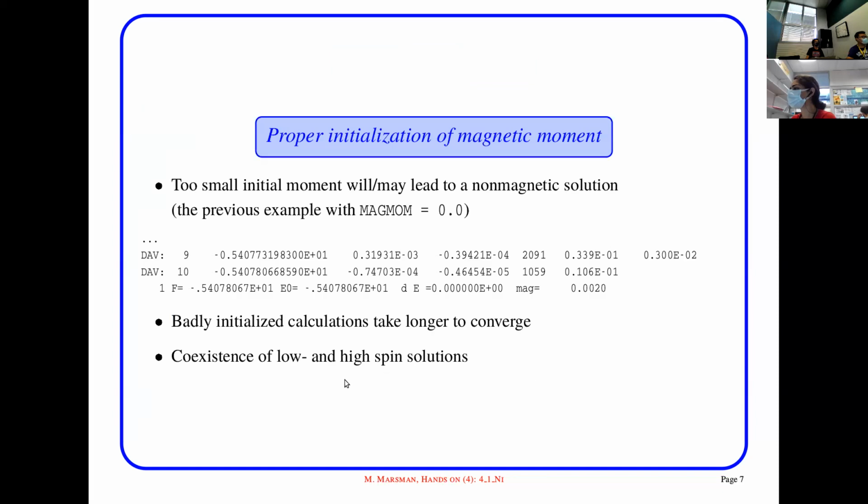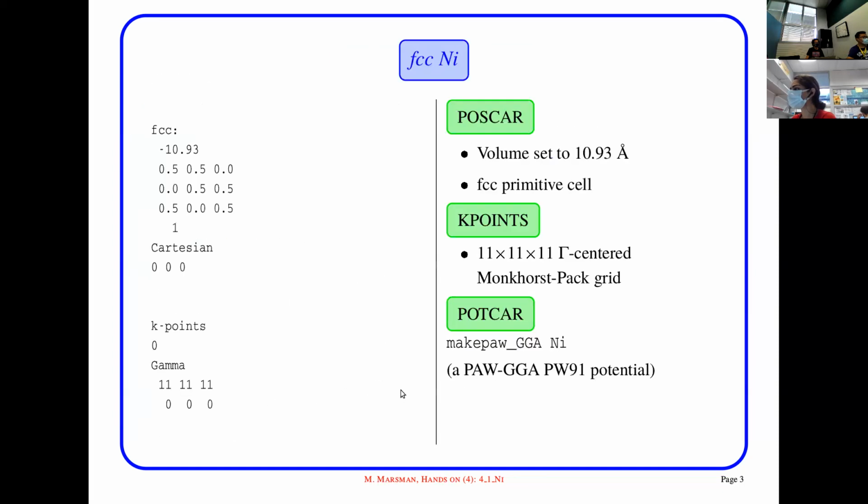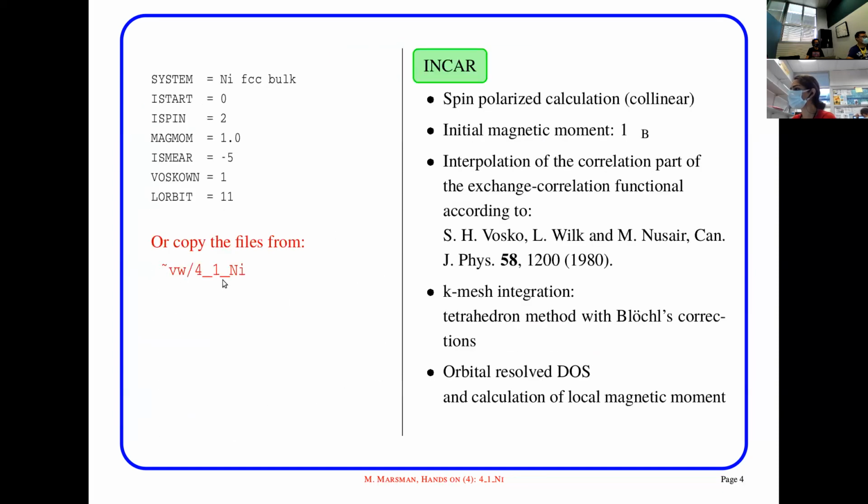If you wanted to be even better, instead of 1 you could have put 0.6. And this would have converged even better, because the experimental one and the one that you get with VASP is 0.57. What you cannot do is put 0, because 0 is very far away from 0.6.